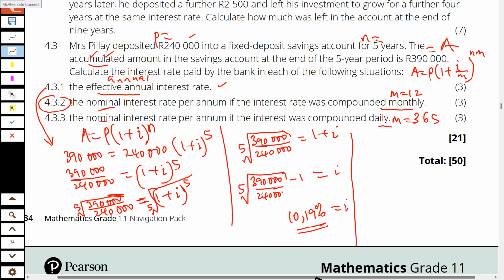What is the nominal interest rate? So first, what is the formula for the nominal interest rate? What formula helps us to convert from effective to nominal, and from nominal to effective?